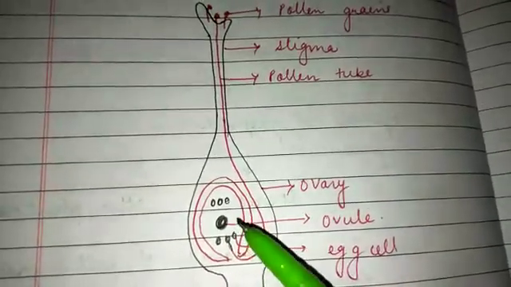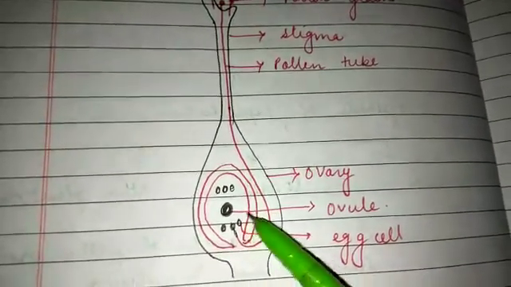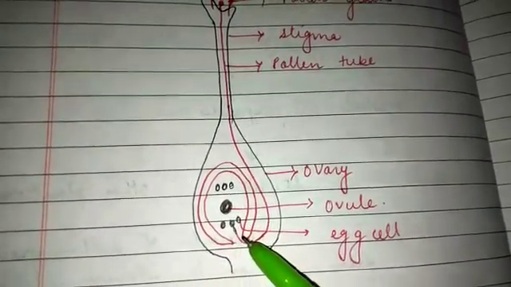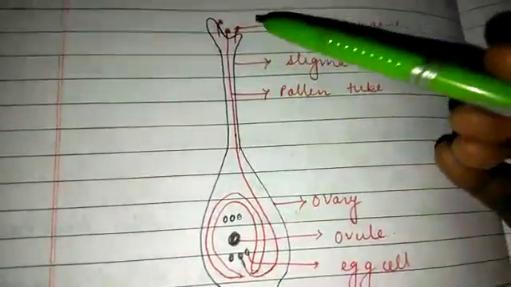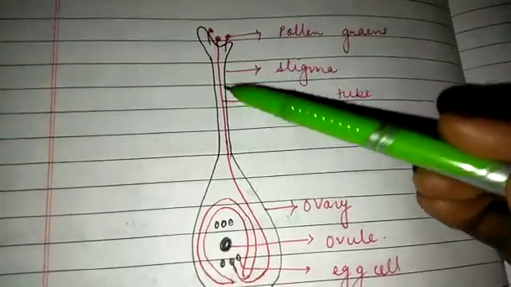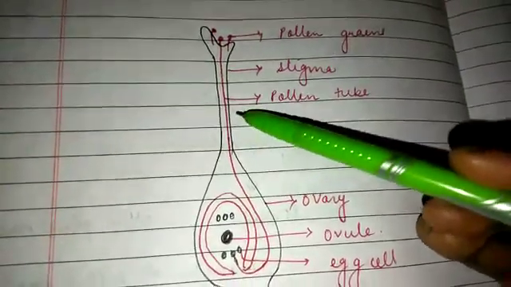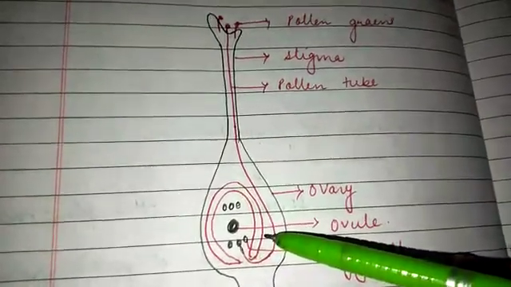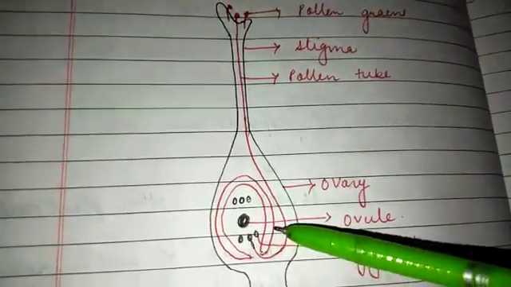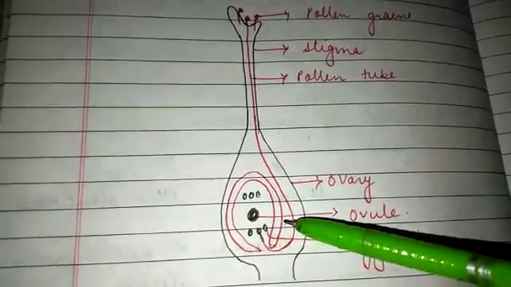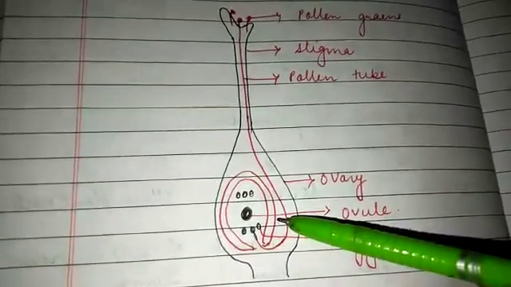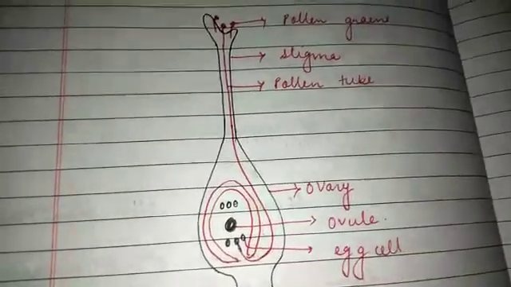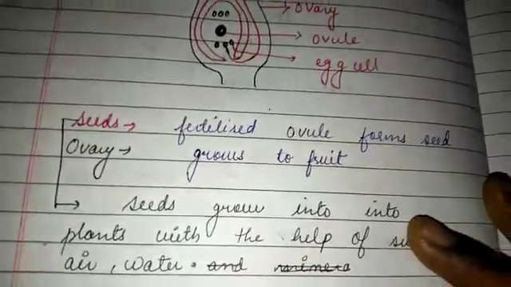Inside the ovary it contains the ovule and then the egg cell. Through here the male gametes enter through the pollen tube. They get inside the ovules where the female gametes are present, and here the fertilization takes place. And what do you mean by fertilization? That is the fusion of male gamete and female gamete.